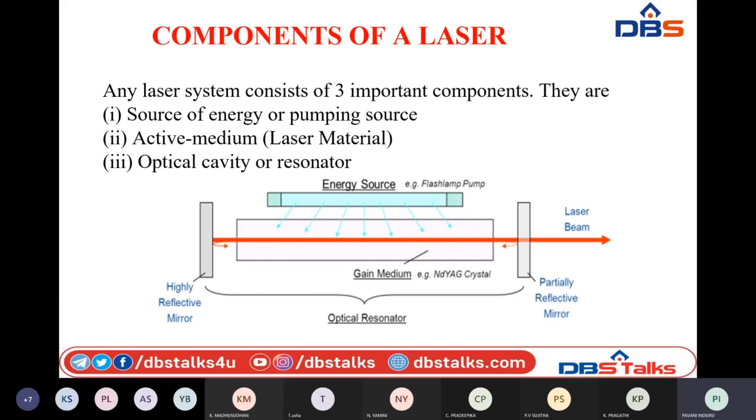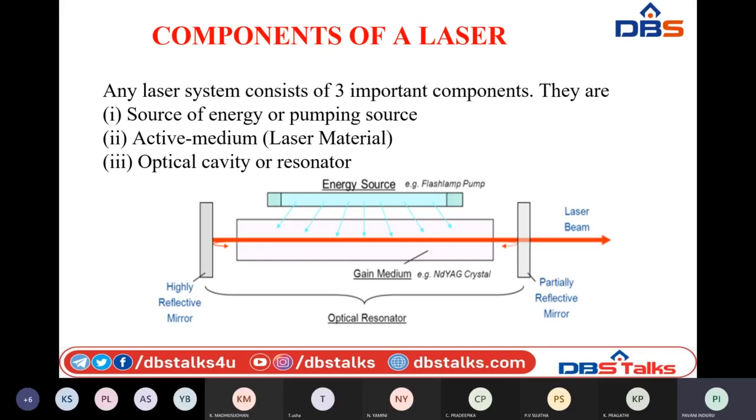Next, another component of laser is the optical cavity or resonator. This is helpful for multiplying the photons released in the process of stimulated emission and directing them in a single direction. We know that laser light is very bright, highly monochromatic and unidirectional. That means we are going to produce light only in a single direction.